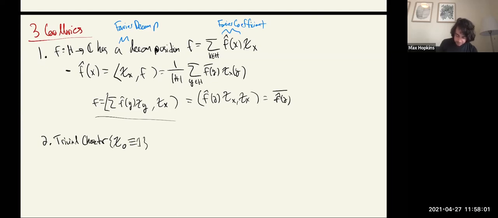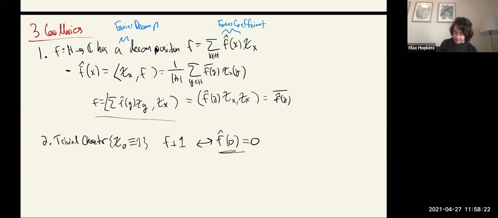And so why is it important? Well, f being orthogonal to 1, the original function f over in normal space before we've taken the Fourier decomposition, is equivalent to f hat of 0, the coefficient of the trivial character, being equal to 0. And this just follows immediately from 1, right?